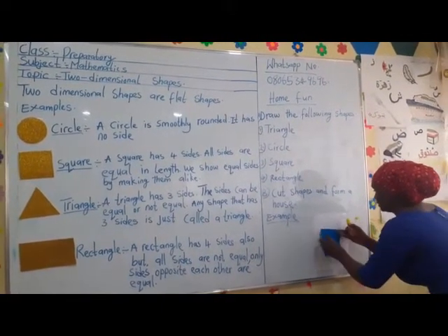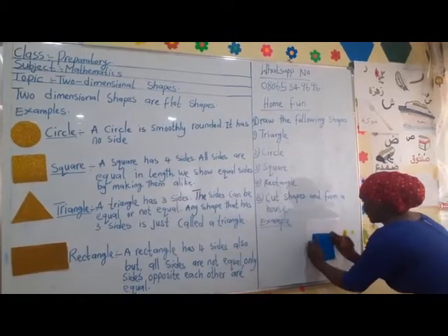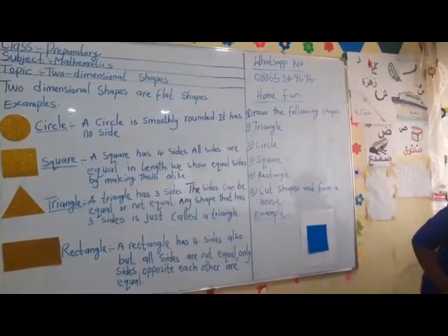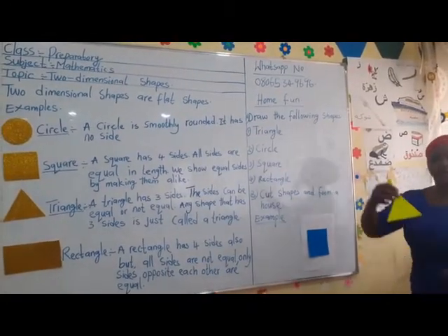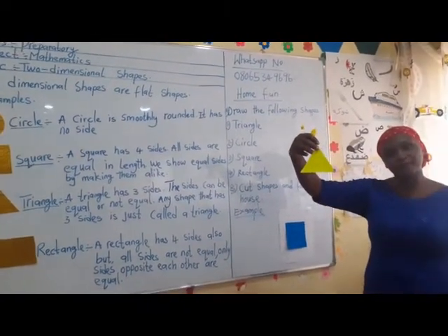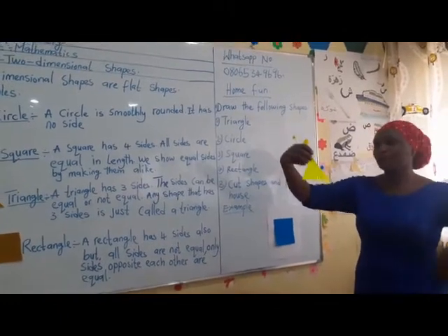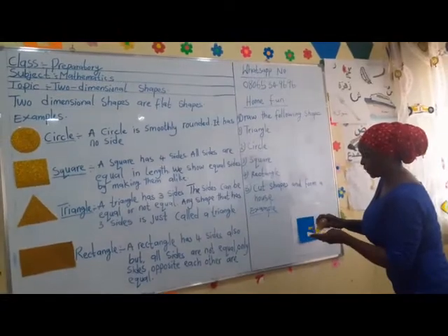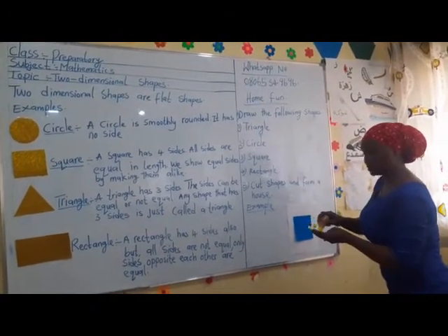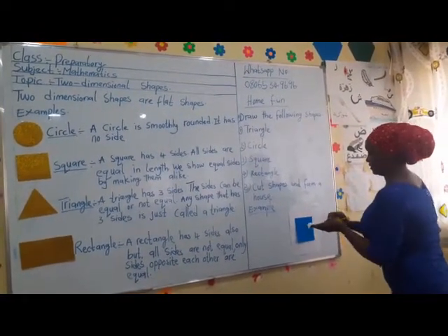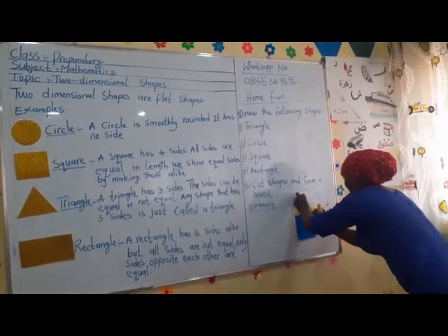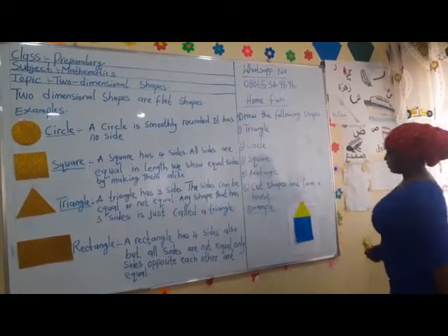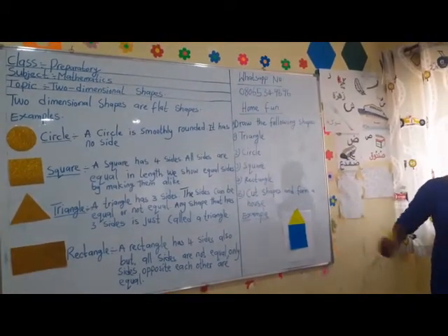You can put it like this. This is the square. Then the next shape is a triangle. What shape is this? Good. This is your triangle. Your triangle is going to be the roof of your house. You see? Can you see it? We are forming a house.